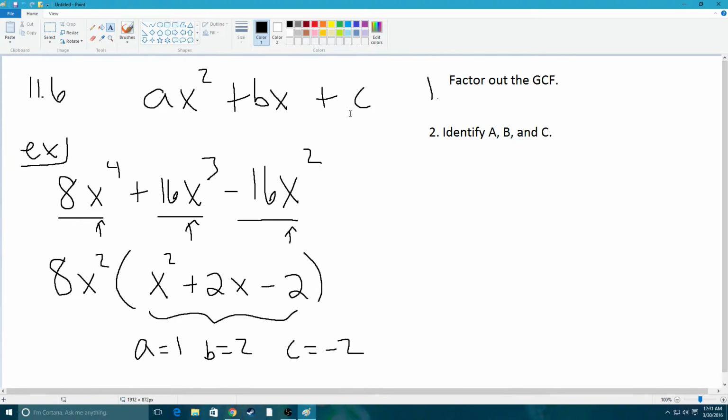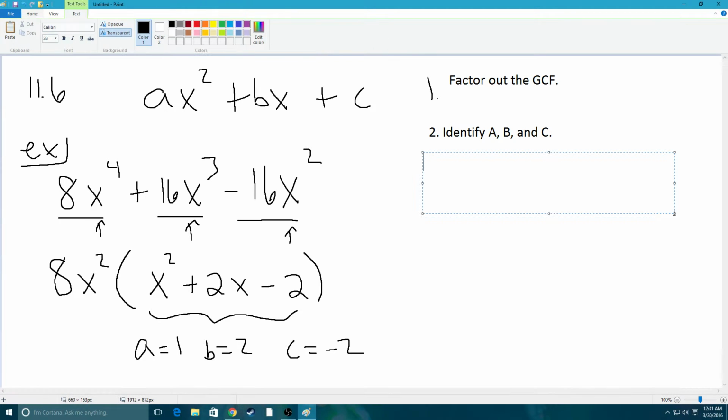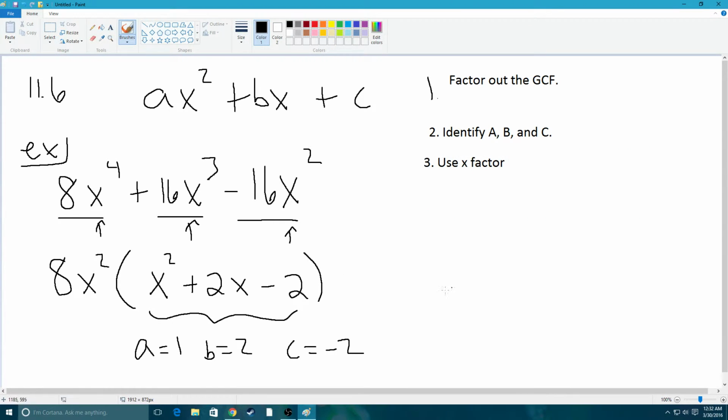So now that we've identified these things, we're going to use X factor. So our X factor comes down like this. AC goes on top, B goes on the bottom, so on top is 1 times negative 2, which is negative 2. On the bottom is a positive 2.